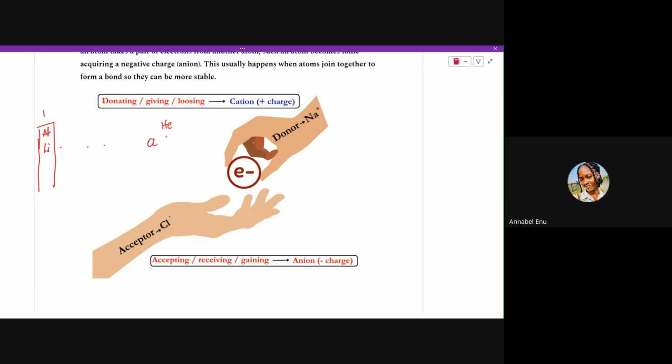Then we have chlorine. Okay, let me just write the whole periodic table. But I believe every one of you here knows the periodic table. So once I say group 1 elements, you are able to tell me what elements are found there. Am I correct? Winner.